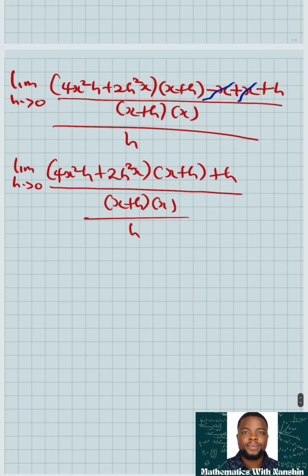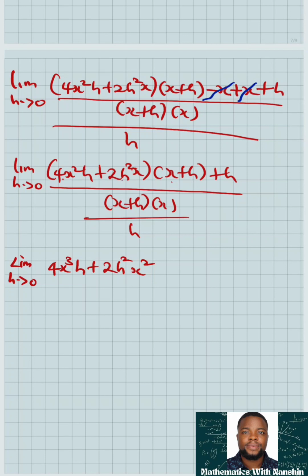Now I'm going to multiply the two brackets in the numerator. If I do that, this is what I'm going to have. I'll have 4x cubed h plus 2h squared x squared. This guy with this guy, this is what you have. This with this is what you have.